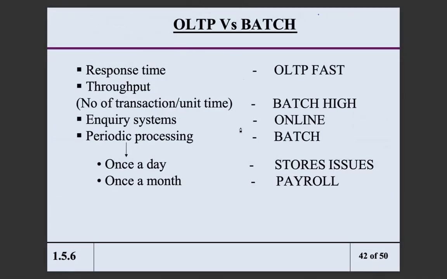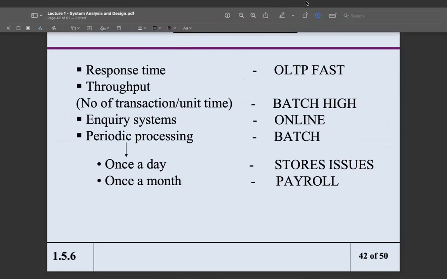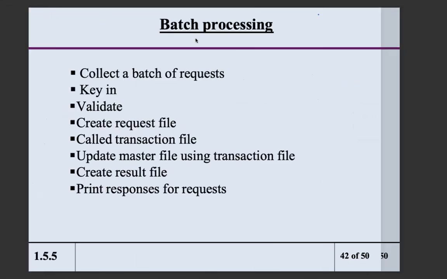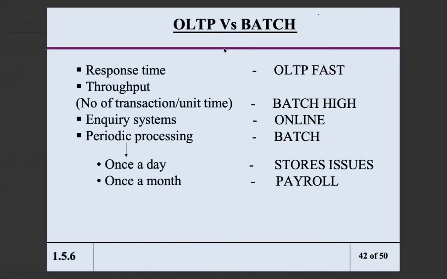So here we have a few comparisons between online transaction processing and batch processing. Response time: online transaction processing is fast, and throughput, the number of transactions per unit time, matters.